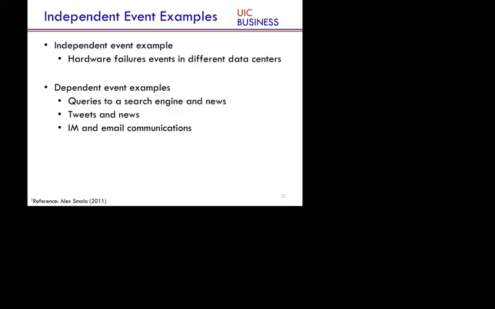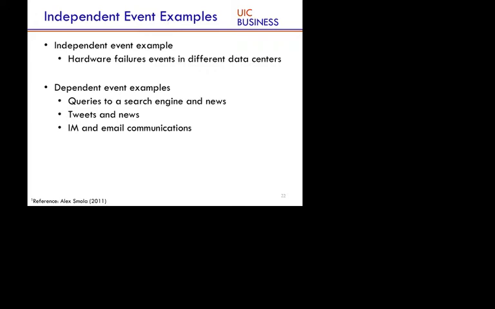Okay, let's take one small tangent. What are independent event examples in real life, or approximately independent, because this is all a model, a framework, so it doesn't really reflect real life. For example, hardware failure events in different data centers you can think of as independent events. For any example that you come up with, it's hard not to have a causal relationship or an effect between two different outcomes.